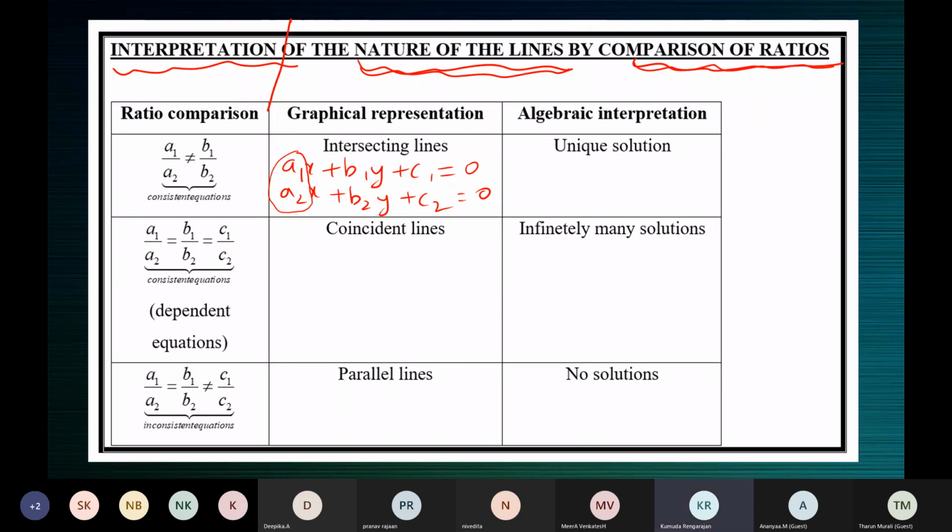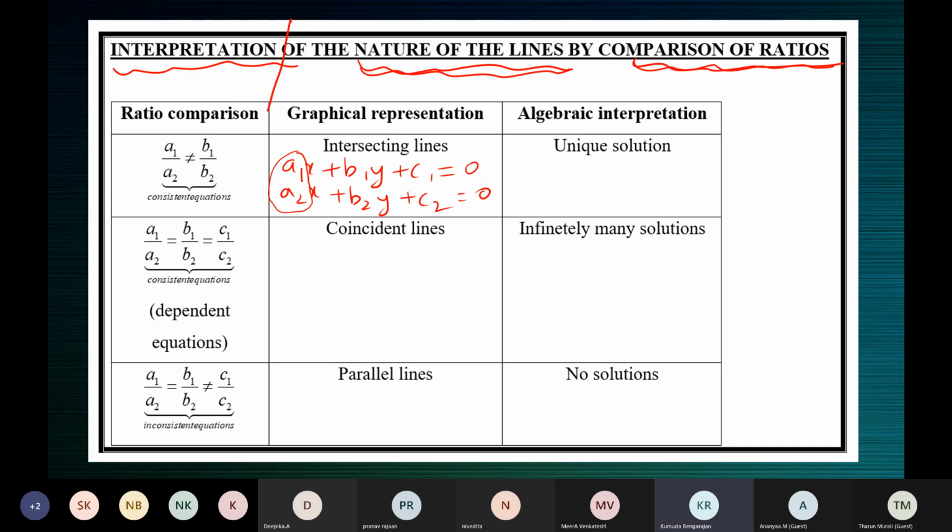Our nature, we say, I'm very moody, or I'm a very jovial person, I never lose my temper. We have different natures. But these two lines have only three different natures. Either the two lines are coincident, or they are parallel, or they are intersecting. There will be one of these three.